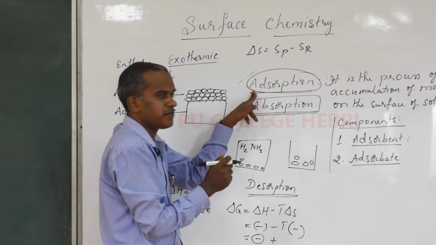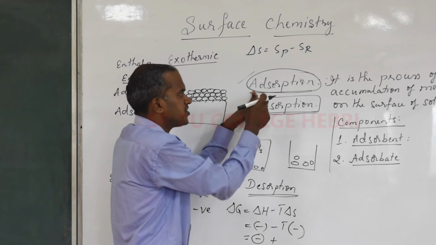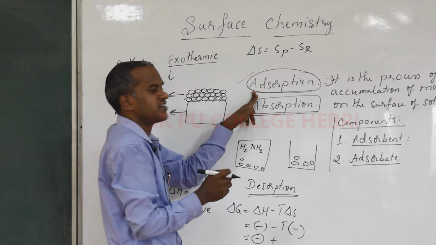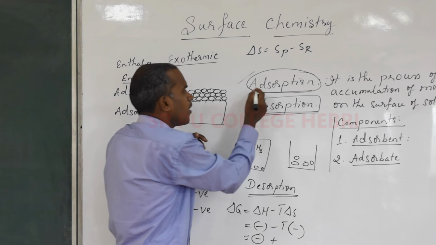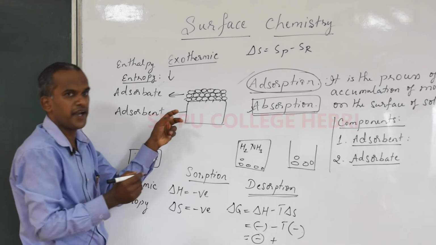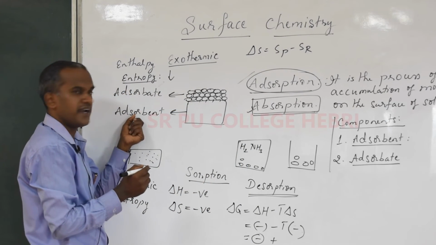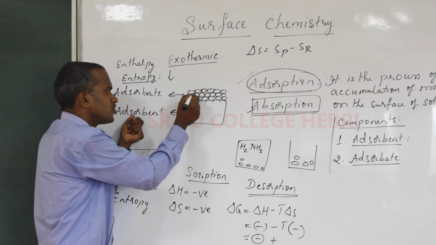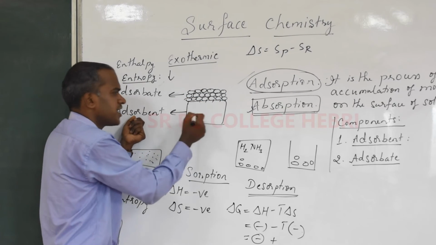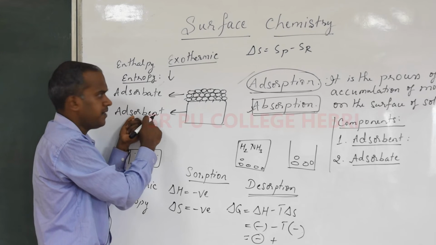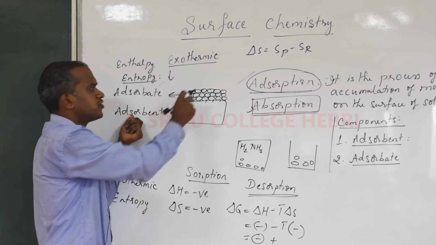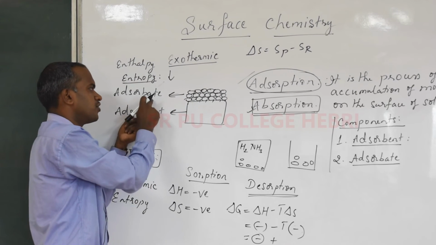Then I introduced adsorption, the process of accumulation of molecules on the surface of a solid. Along with that we understood the two components, adsorbate and adsorbent. The solid on whose surface the accumulation takes place is called the adsorbent. The liquid or gas molecules which accumulate on the surface of the solid are the adsorbate.